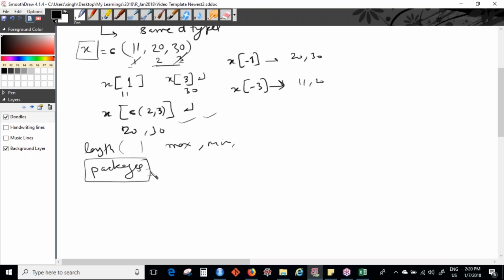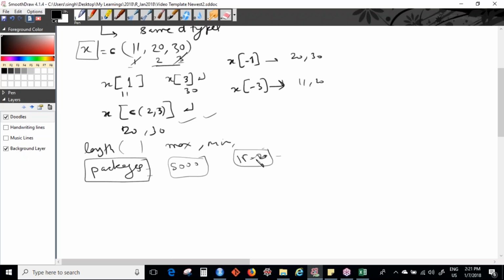There will be a team which will verify the package and whether it works correctly, and they'll ask you to prepare a document on that so that it can be referred by anybody for the syntax and other things, and then you can publish your package. There are around 5,000 packages in R, but not all are required. We hardly need 15 to 20 packages. We need functions which are present in 15 to 20 packages.